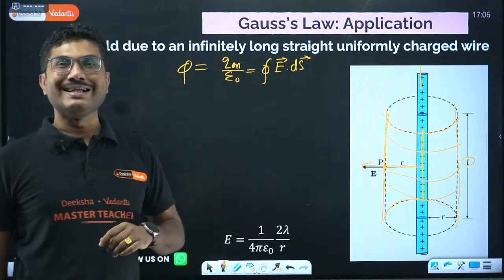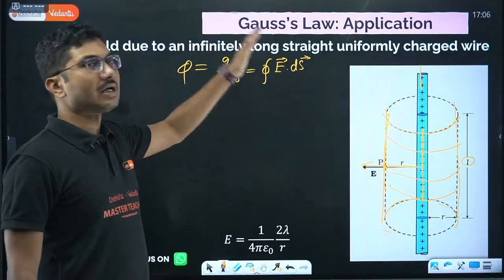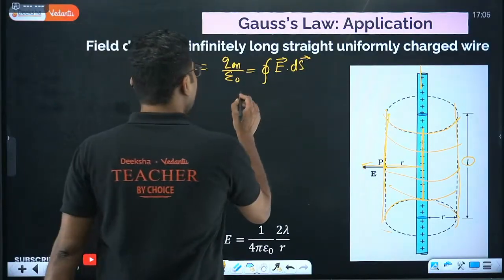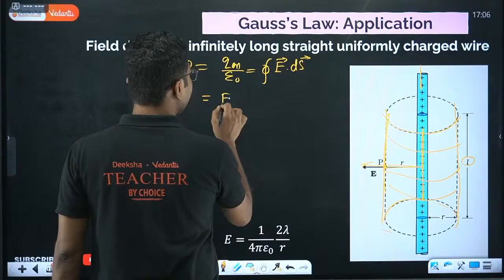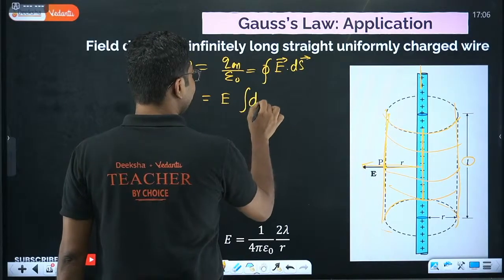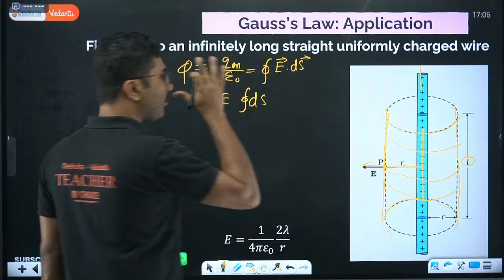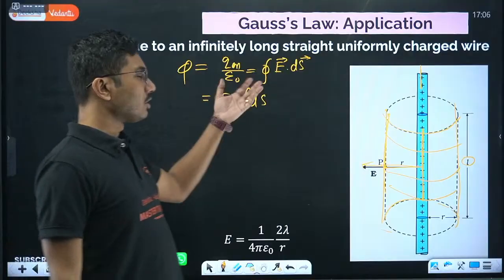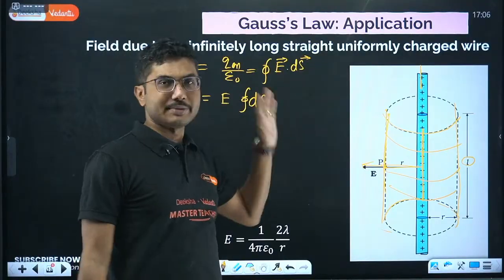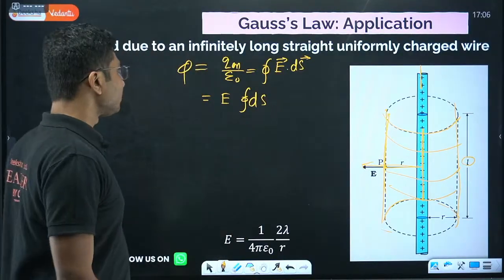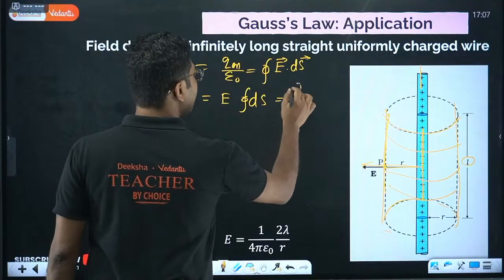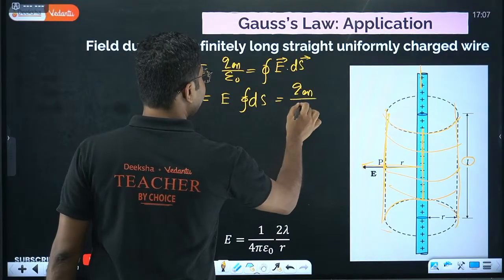The same thing happens in integration as well. So E will come out of the integration, and it will be simply E ds. The dot product is 1, cos theta is 1 here, so E dot ds is basically E into ds, and that equals Q enclosed by epsilon naught.